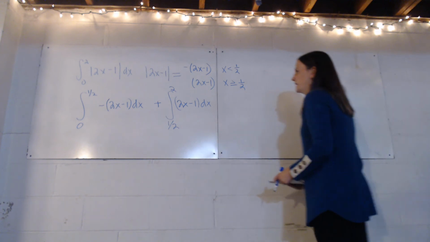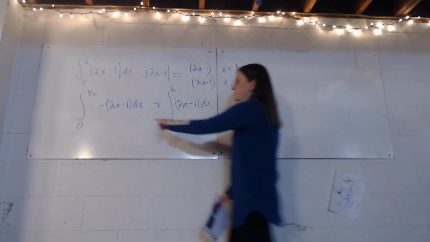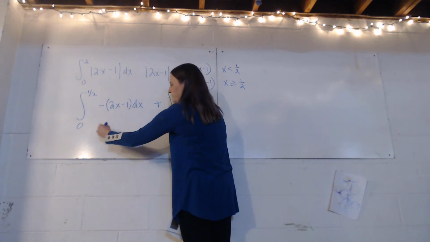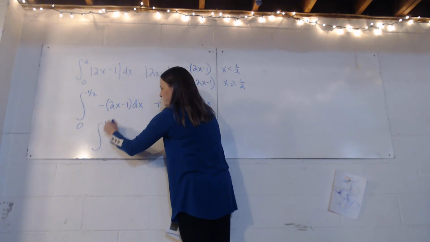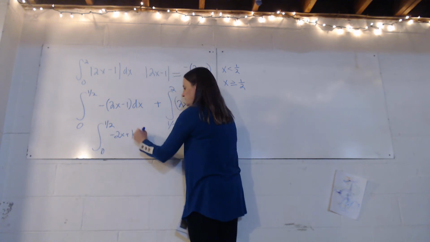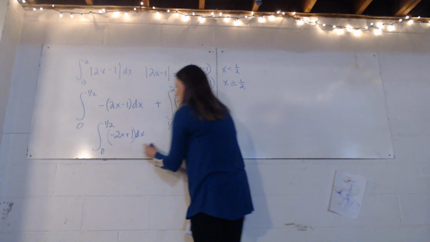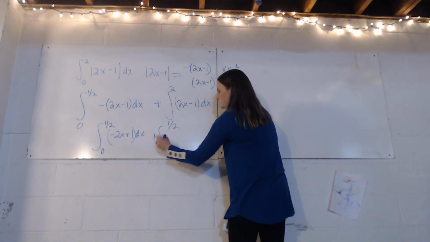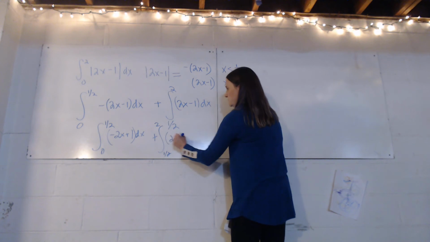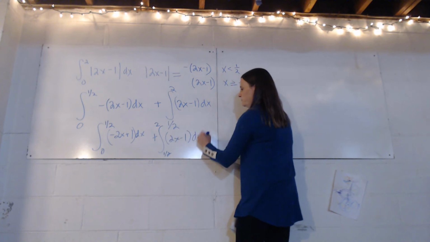And so then when I integrate it, negative (2x minus 1) really becomes, I'll rewrite it so it makes sense, negative 2x plus 1 when I distribute that sign. And then this stays the same. I'm running out of room, I apologize. Okay, so hopefully you can read that.